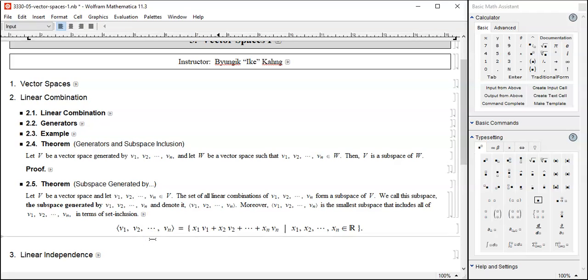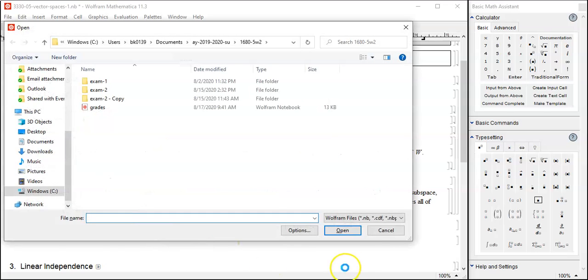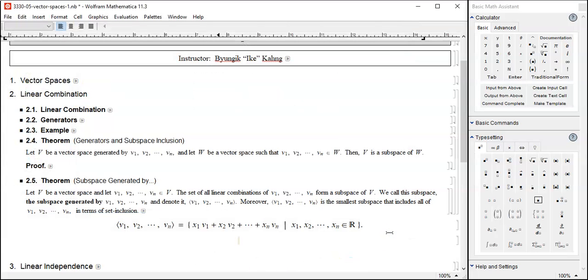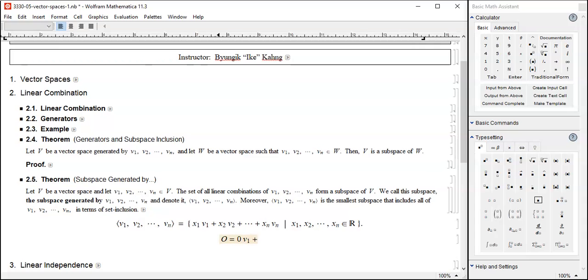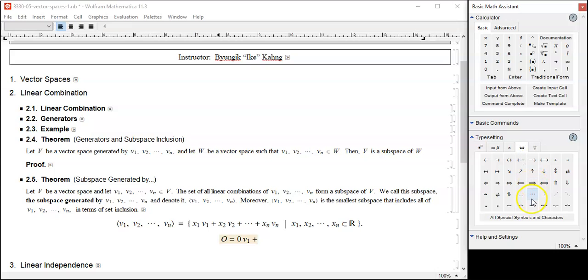And then what do we have to prove? This is a subspace. So how do you prove that? We have to prove three things. Number one, 0 is in there. The 0 vector can be written as 0 v1 plus dot dot dot 0 vn.